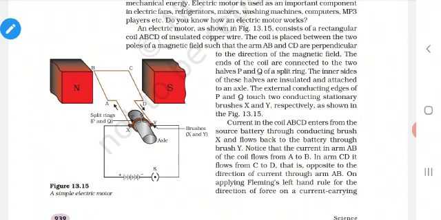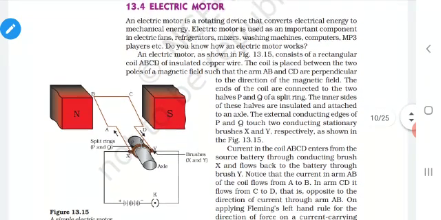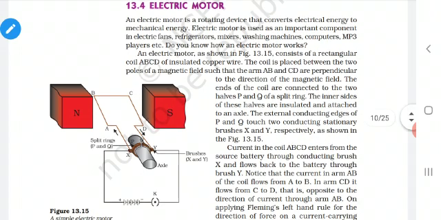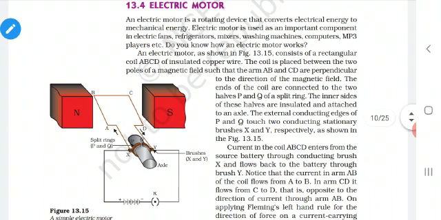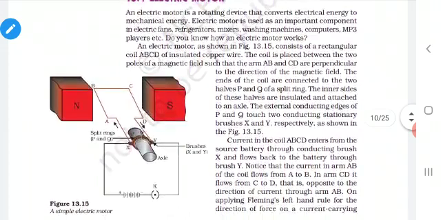Now in the case of this electric motor, we have to get a rotatory motion. So we have to make some arrangement that enables the conductor to give a rotatory motion. For that we have to construct the electric motor.